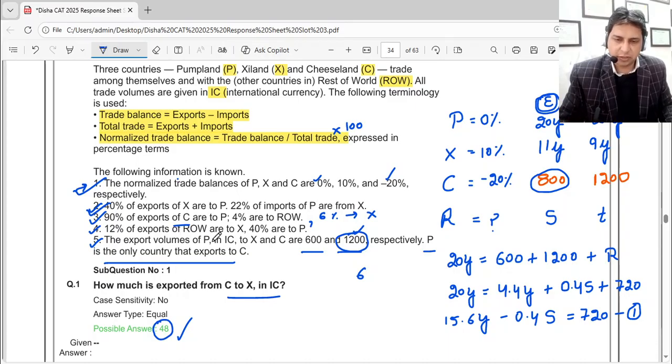So 12% of export to X, that also we can find out. Okay, that is good enough. I believe that we can start with this import of X. Now how much is X importing? X is importing total 9Y, and from 9Y, P is giving it, the export volume of P to X is 600.